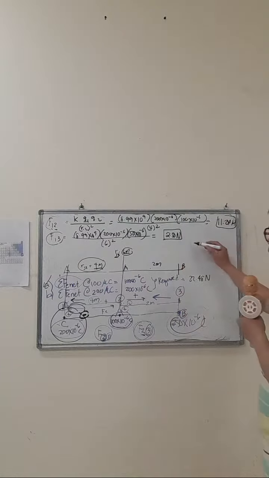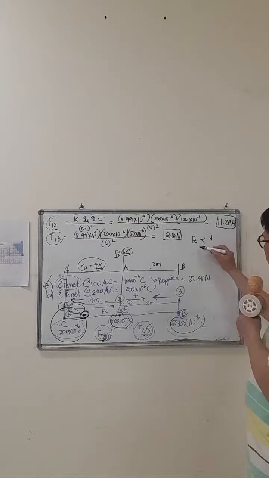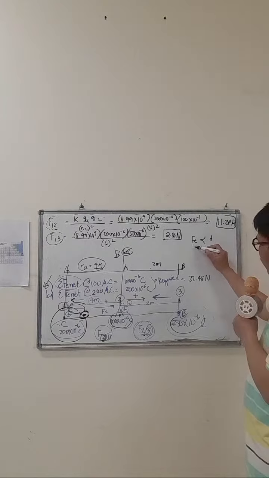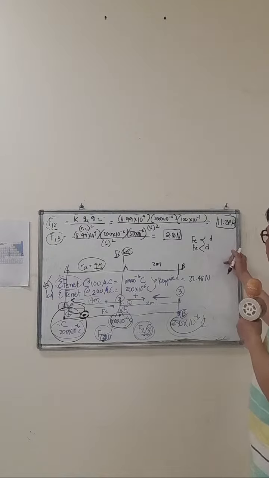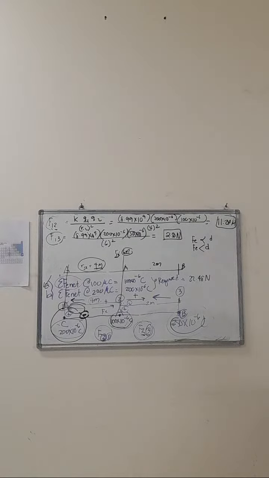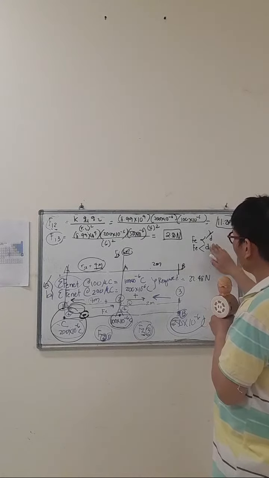Electric force is inversely proportional to the distance. If your distance is very high, then your electric force will be lesser. And if your distance is very small, then obviously it will have a very big electric force.